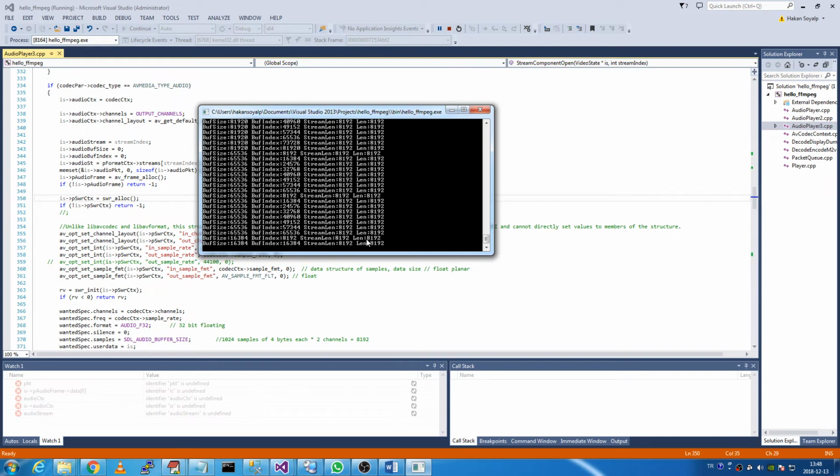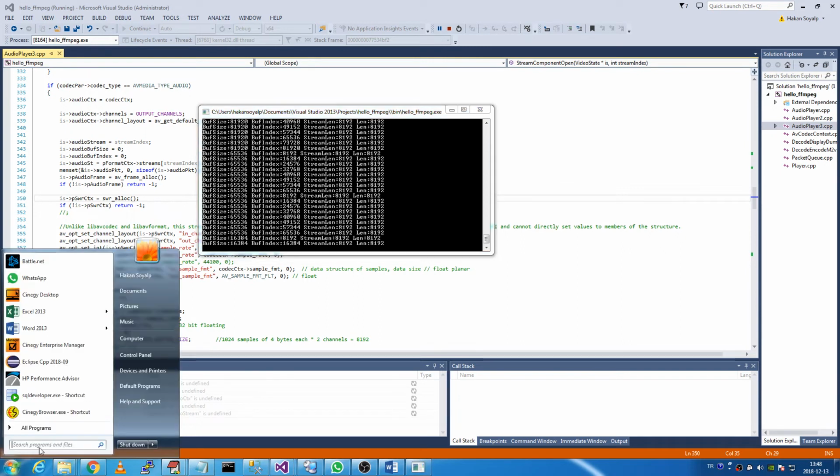This is how much data we have given to the audio callback to SDL, and let's calculate the other way.